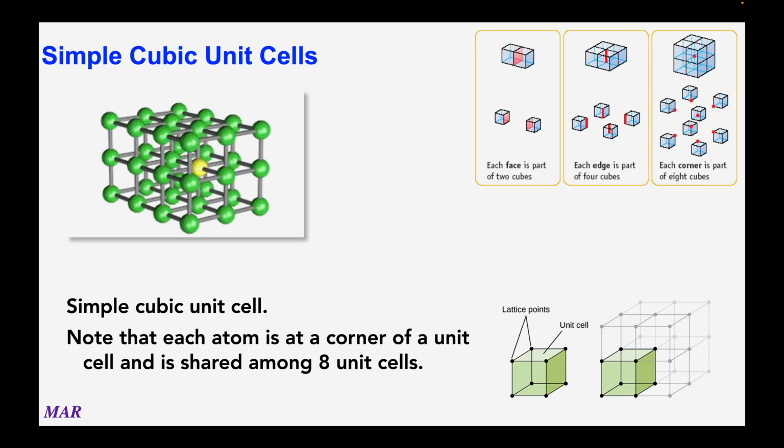So on the upper right-hand side there, you can see, especially on the right, that little tiny atom in the middle is actually connected to 8 different cells. There's 8 little cubes that it belongs to. It's not part of just one cube, but part of many, many different cubes. And so in the unit cells, like in the lower part there, the green part would represent one cube.